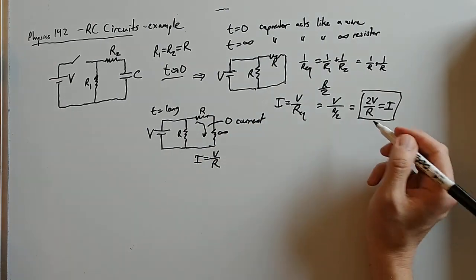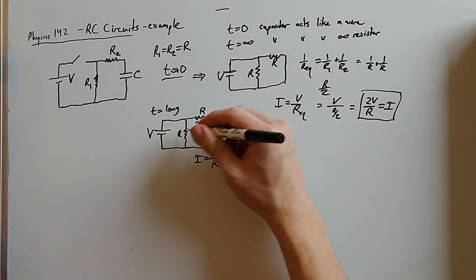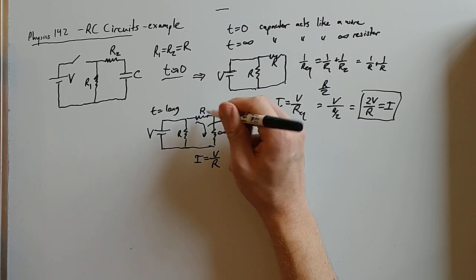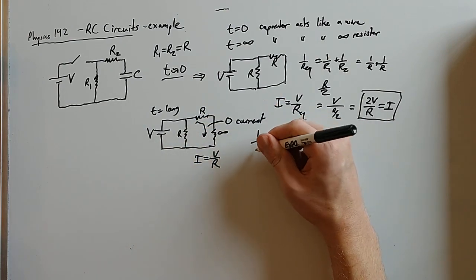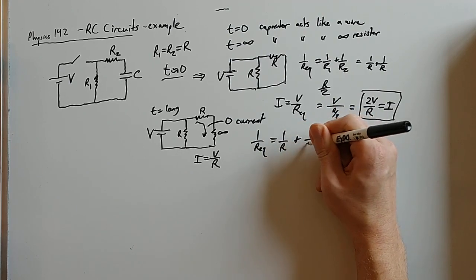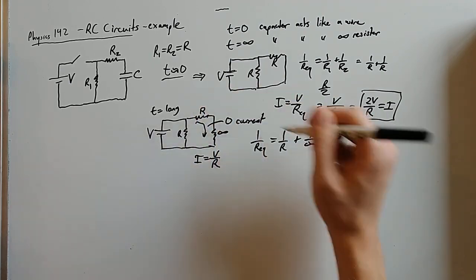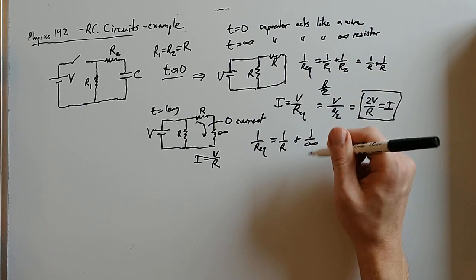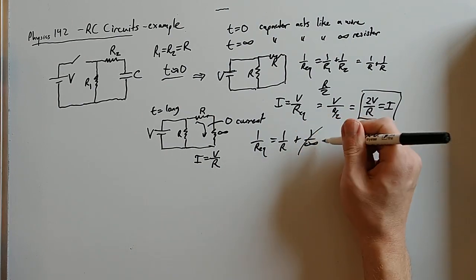If you wanted to think about it a little more mathematically here, for the equivalent resistance of these two in parallel, you have 1 over R equivalent is 1 over R plus 1 over infinity, because these two are going to together act as an infinite one. 1 over infinity is just 0.